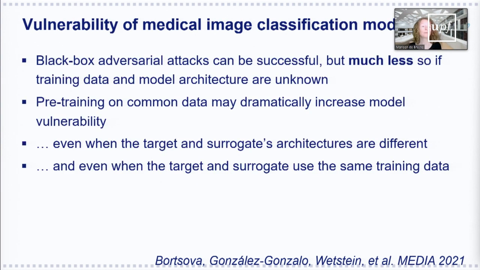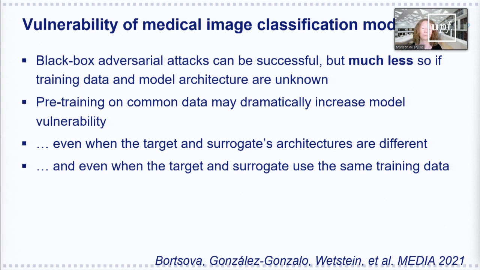So, to conclude this part, black box adversarial attacks can be successful, but much less so if training data and model architecture are not known. Pre-training on common data may dramatically increase model vulnerability, even when the target and surrogate architecture are different, and even when the target and surrogate use the same training data.